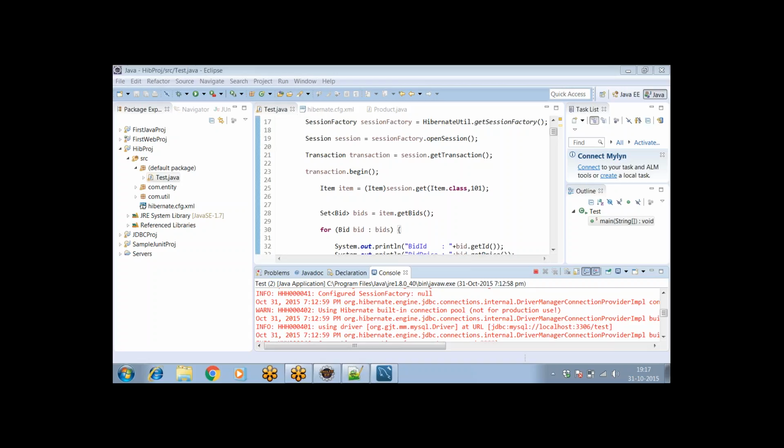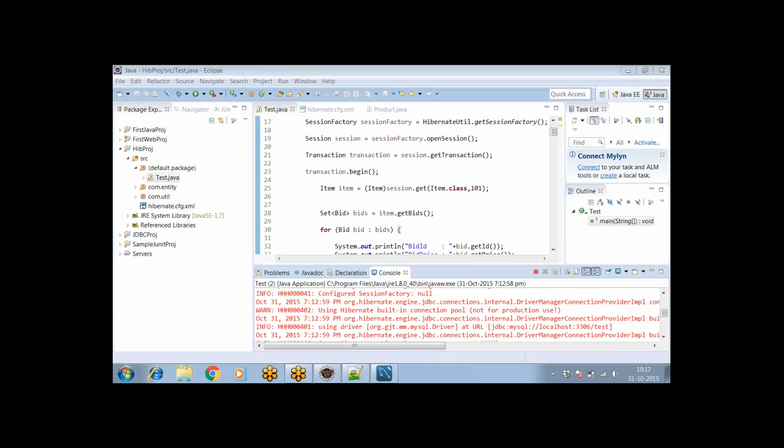How? I'll tell you. Just imagine, for suppose, a user is trying to fetch the item records.